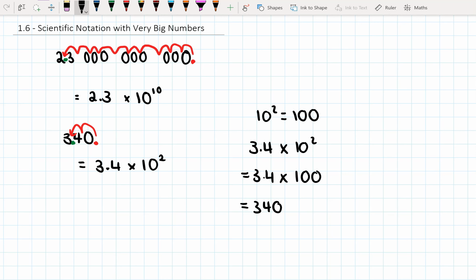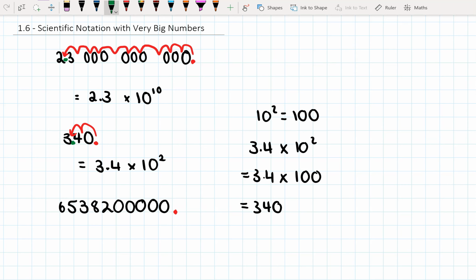So this is how scientific notation works with very big numbers. If we have a really big number, we can write it in scientific notation now. As I said, the decimal point must go after the first digit. So for example, if we had 6, 5, 3, 8, 2, 0, 0, 0, 0, 0, whatever. Again, our decimal point starts at the end. That's where it is right now.